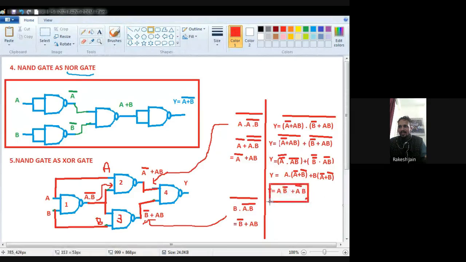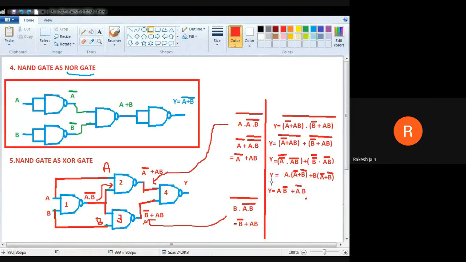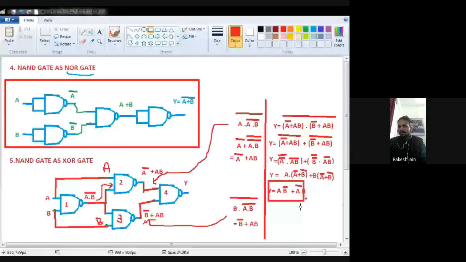So this will be the final equation, and when we compare it with the equations of all other logic gates, we know that this is the equation of the XOR gate. So with the help of NAND gates we found the XOR gate.